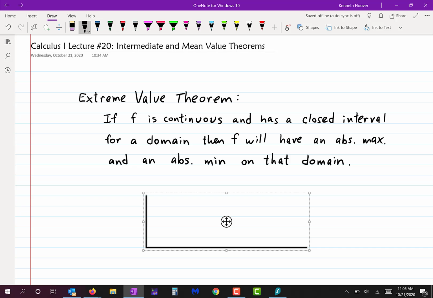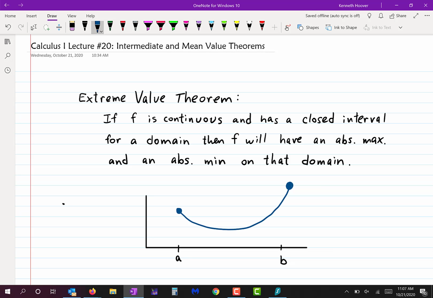Let's say we're given a domain from A to B, and f is continuous on that domain, and it's a closed interval from A to B, so the endpoints of my graph are going to be included. Then you are guaranteed that there will be an absolute max and an absolute min for that graph.